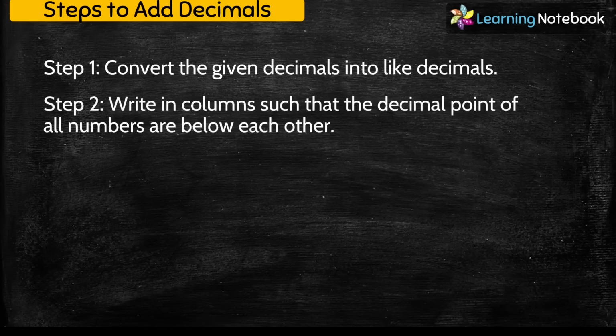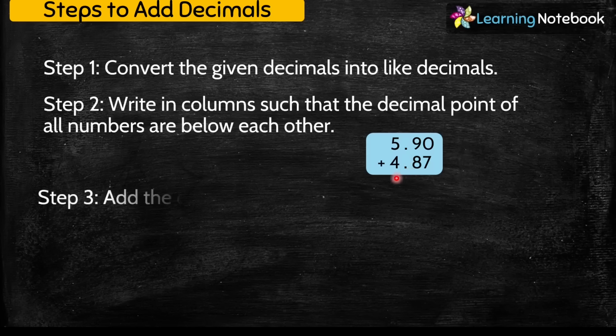Then step 2 is write the given decimals in columns in such a way that the decimal point of all the decimal numbers are below each other. As you can see in this example, the decimal point of both the numbers are below each other.